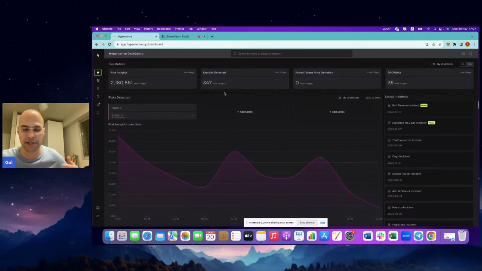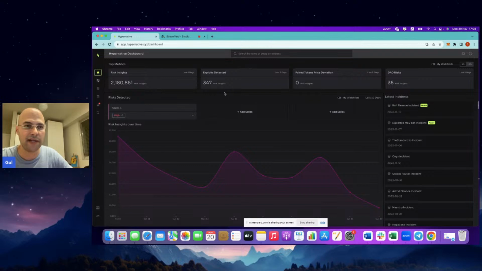This activity could be transactions, contract creations, multi-sig or wallet operations, governance proposals and others, combined with off-chain data, where the idea is to find malicious or security-based incidents before they happen and help you prevent them in real time.